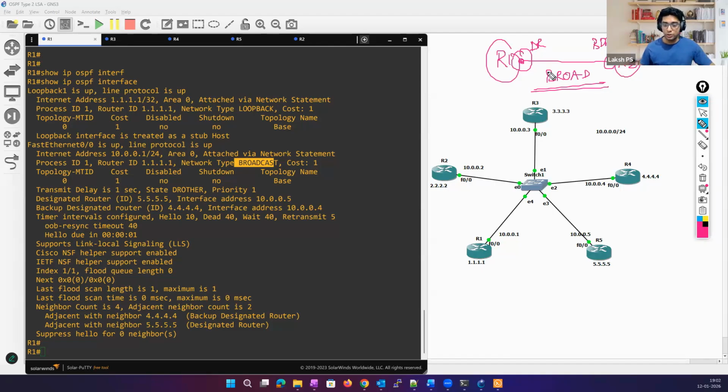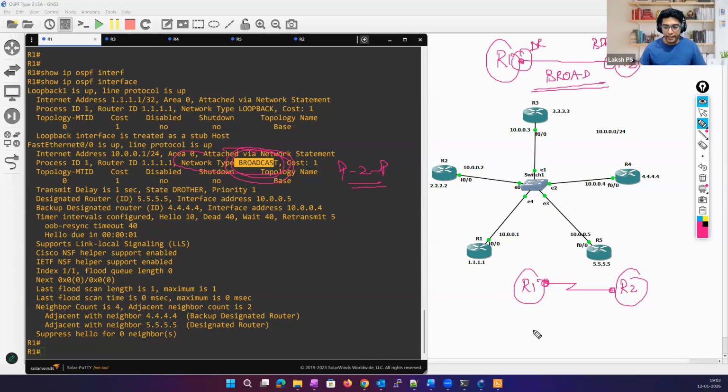We were discussing serial interfaces, right? We did not see any such DR and BDR election on a serial interface, because on a serial interface, OSPF has the network type as point to point, but on an Ethernet interface, you can see the network type is broadcast.